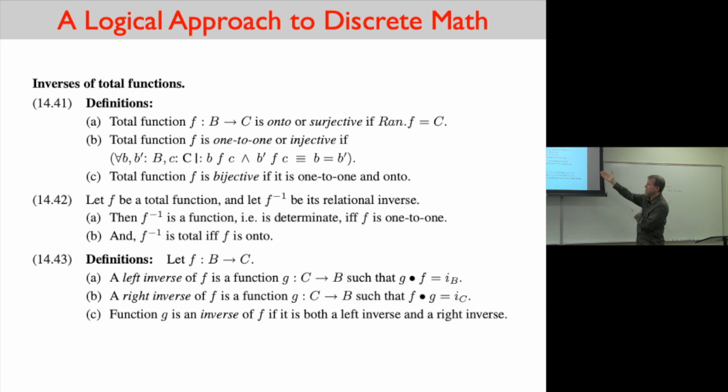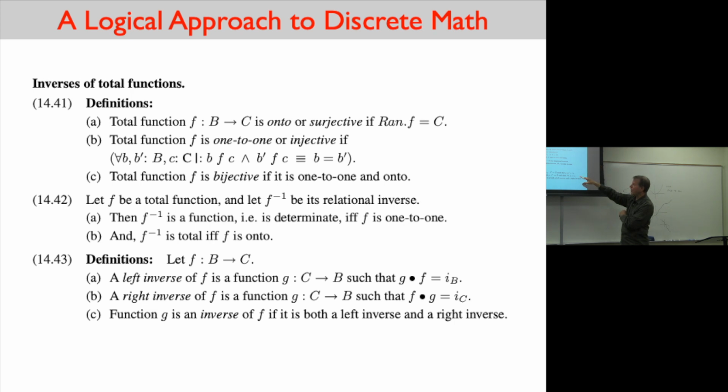This section is inverses of total functions, so we need total for it to have an inverse. Let's take a look at the mathematical definition of what it means to be one-to-one.